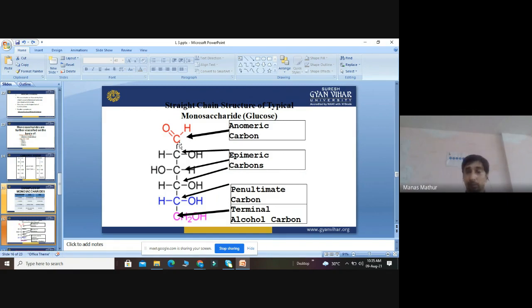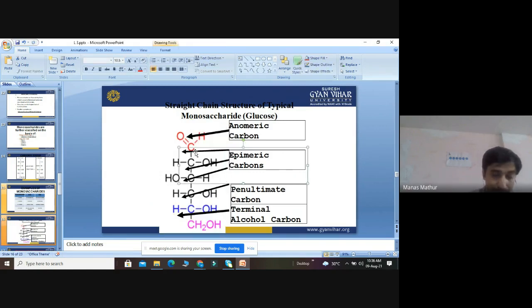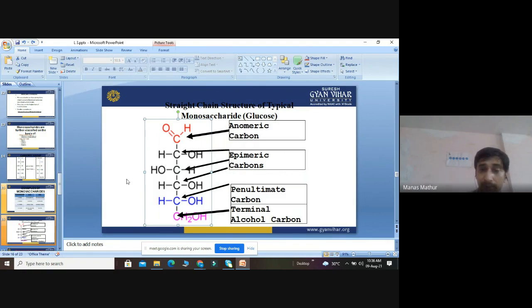So what we discussed: first carbon is always called anomeric carbon. Last carbon is called terminal alcohol carbon because it contains OH group. Second last carbon is called penultimate carbon, just before the last carbon. And carbon number 2, 3, 4 are called epimeric carbon.